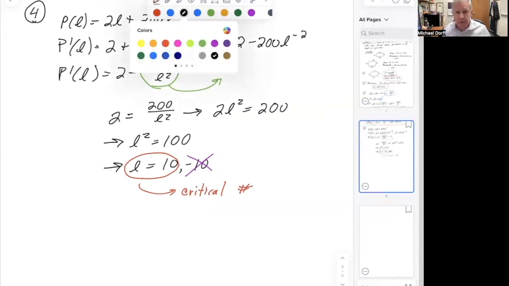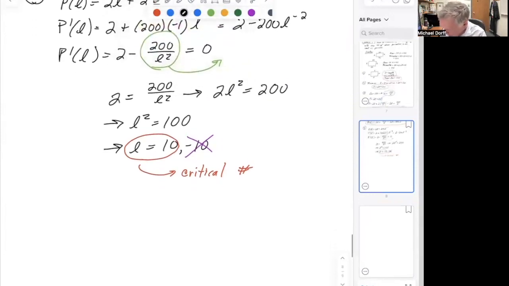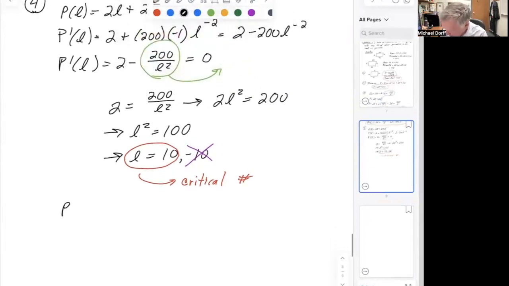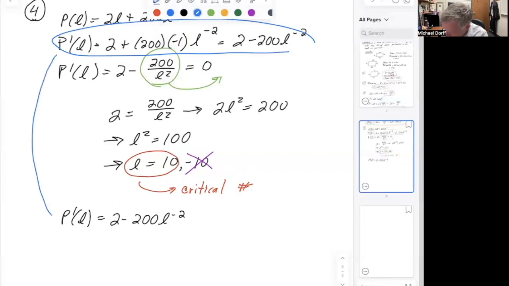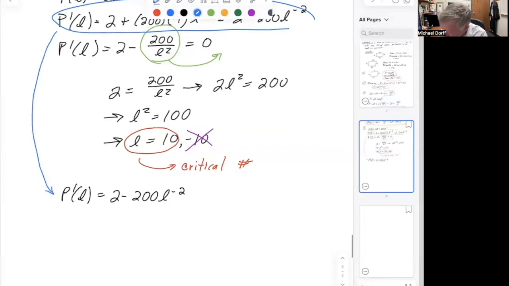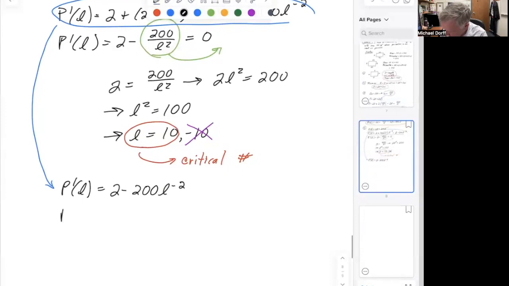And so we're not done. We found the critical number, but the second derivative test says we need to evaluate the critical number at the second derivative. Remembering that the first derivative is equal to 2 minus 200 L to the -2, that's what I'm using right up there, I'm going to use that to take the second derivative.